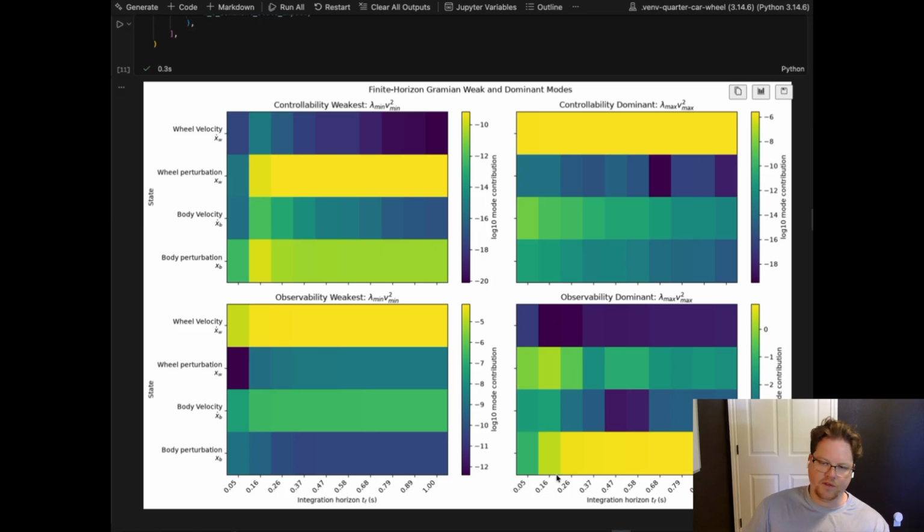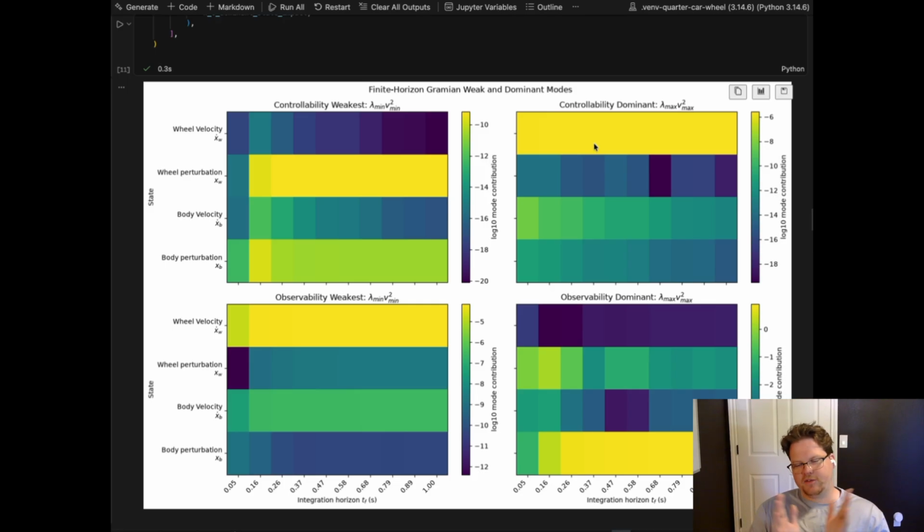That is good because that will tie directly into ride comfort and mechanical limitations of the suspension and whatnot. Likewise, the body velocity also is more prevalent in the dominant eigenspace, this mode. The wheel velocity, though, is not.